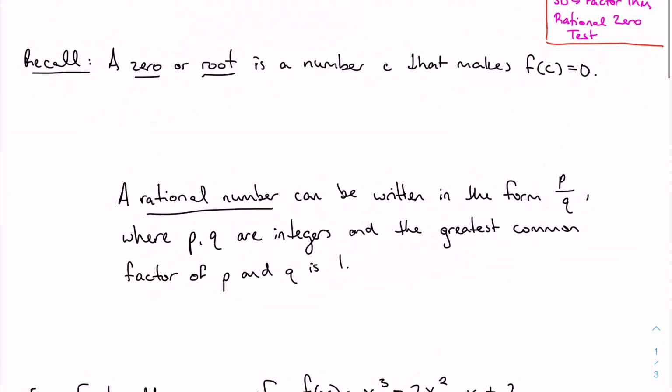A zero or a root is just some number, we're going to call it c here, that makes f of c equal to 0. So for example, if my function was x squared minus 3x plus 2, and I said let x equal 2.